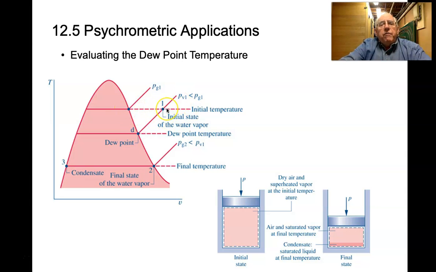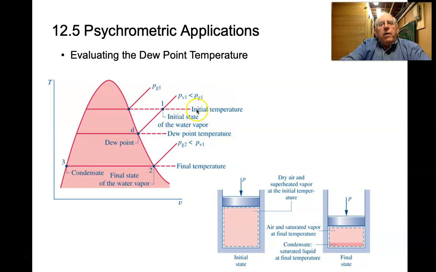When we are away from the dome, the relative humidity is lower than if we were right at the dome. We already talked about the process of going from this point and adding more moisture until we reach the saturation vapor pressure. But for the dew point temperature, we start at this point, and now we just reduce the temperature, and we don't add or remove any water vapor.